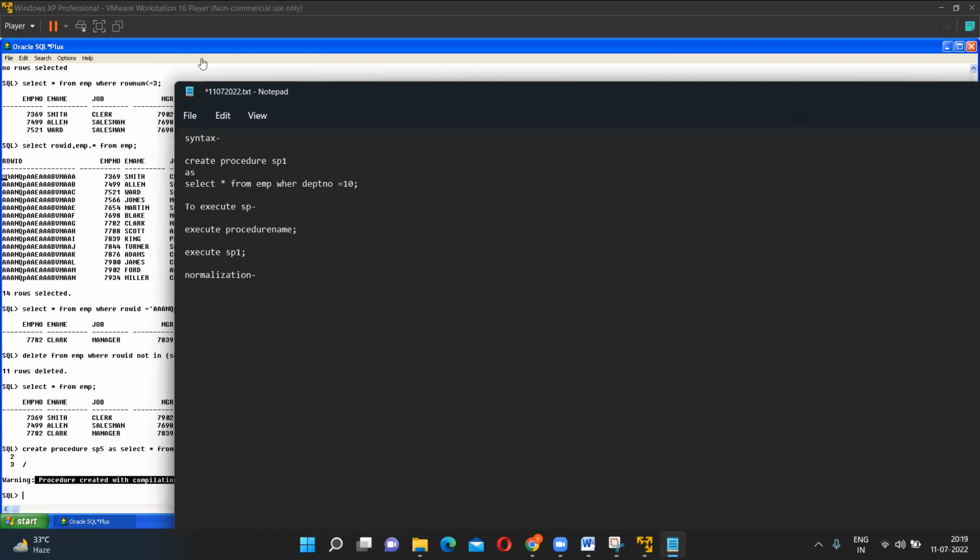Yes, normalization is basically used to eliminate data redundancy in the table. Yes, but my question is, what is normalization? And what is denormalization at the same time? Samyukta, any idea?